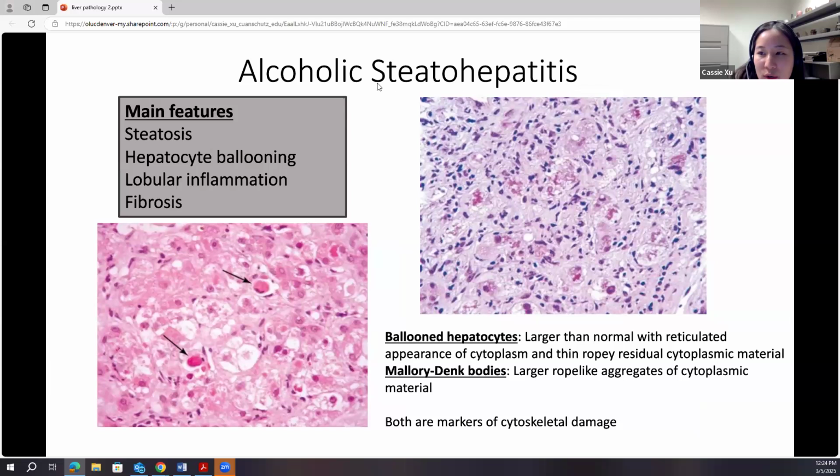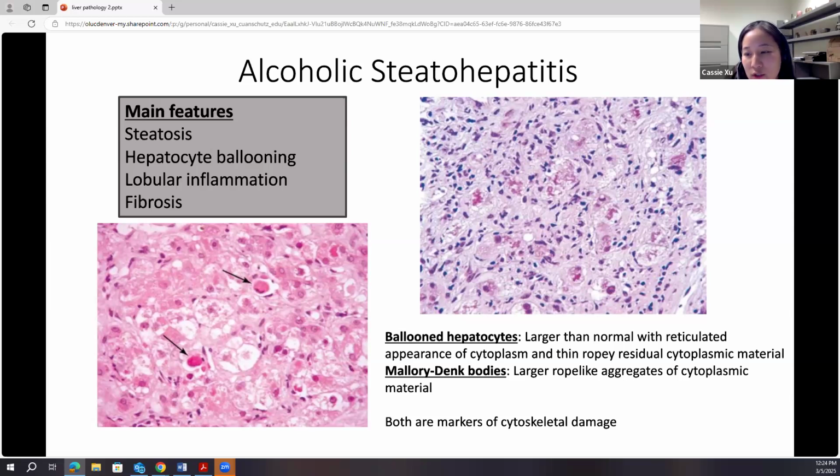For alcoholic steatohepatitis, there are 4 main features that we look for: steatosis, hepatocyte ballooning, lobular inflammation, and fibrosis. Different pathologists have different criteria of what they need to definitively call alcoholic steatohepatitis. I'm aware of some pathologists requiring fibrosis, some requiring ballooned hepatocytes. At our institution, we're a little more flexible.